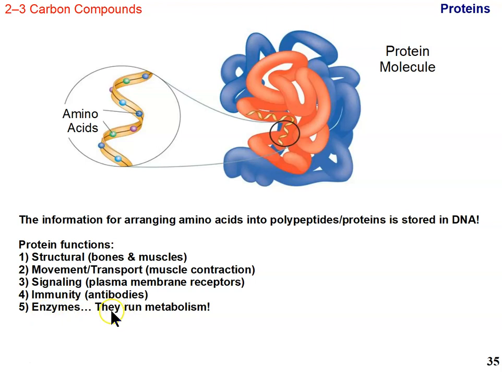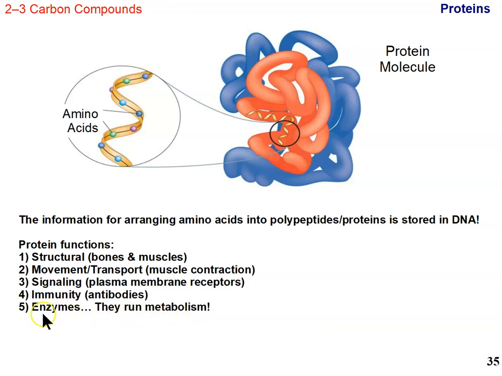Enzymes, they run metabolism. And this is arguably the most important function of proteins, enzymes. And this relates to the lab that we're going to do this week. We're going to do an enzyme lab looking at a particular enzyme, and it happens to be the first enzyme ever discovered, called catalase. Catalase is an enzyme that breaks down hydrogen peroxide into water and oxygen.